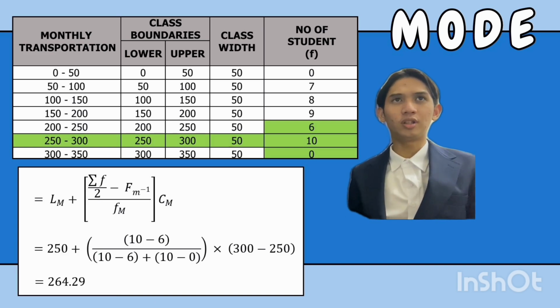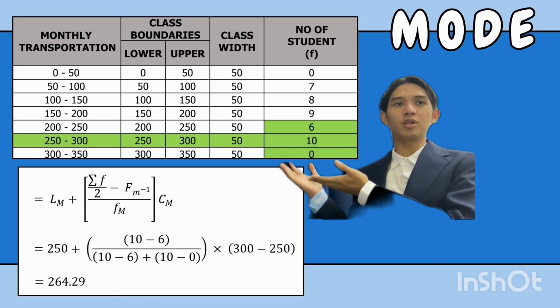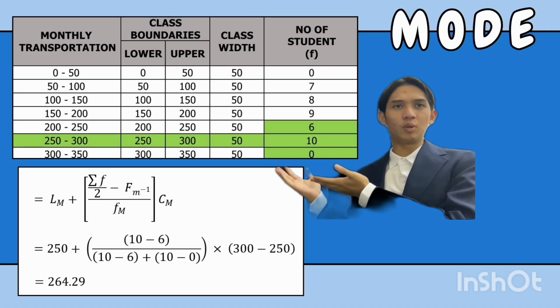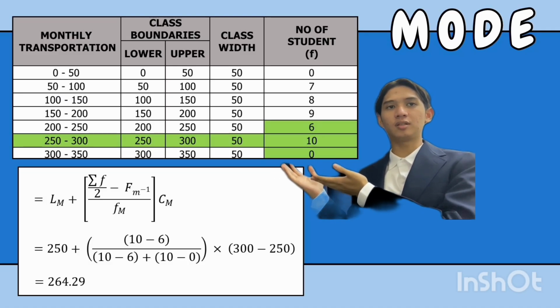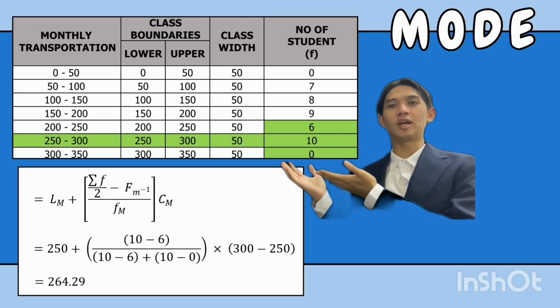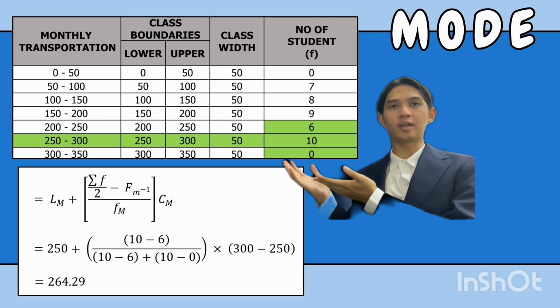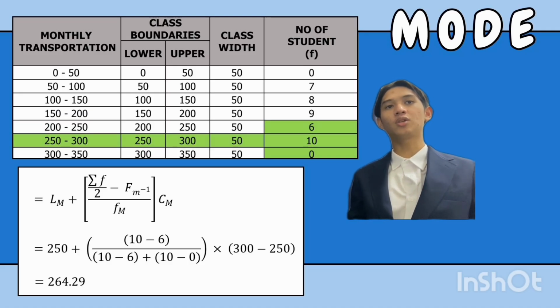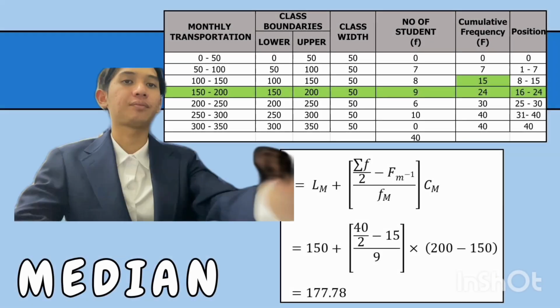We take the numbers from the table: 250 plus open bracket 10 minus 6 divided by 10 minus 6 plus 10 minus 0 close bracket times open bracket 300 minus 250 close bracket equals 264.29 for the mode.